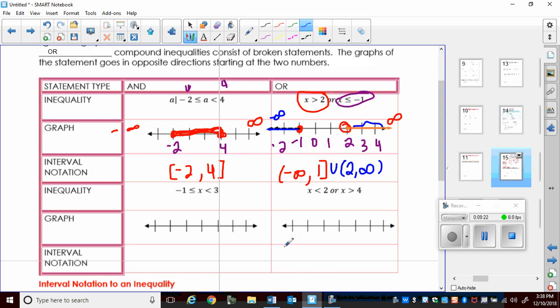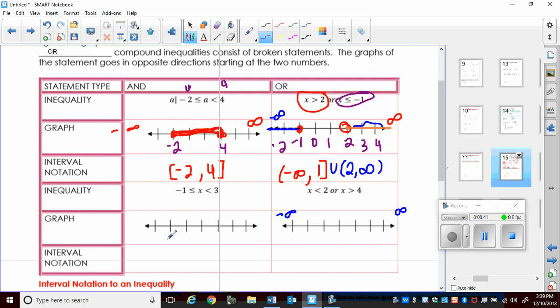Okay? So that means for the next one, I should have some negative infinity going on here, and some positive infinity going on in my interval notation in my next OR statement. Okay, but we're going to do the AND statement first.